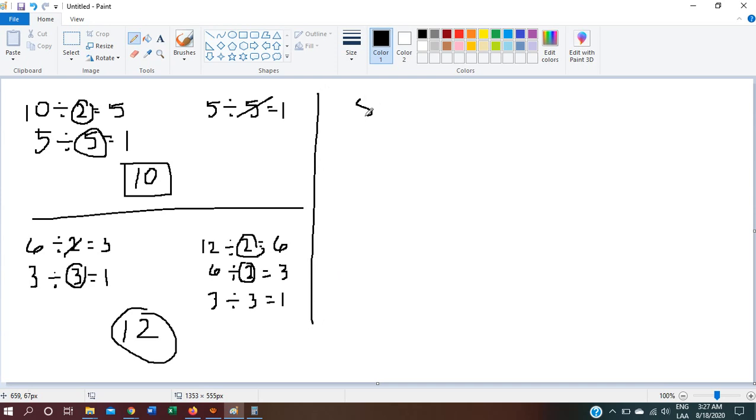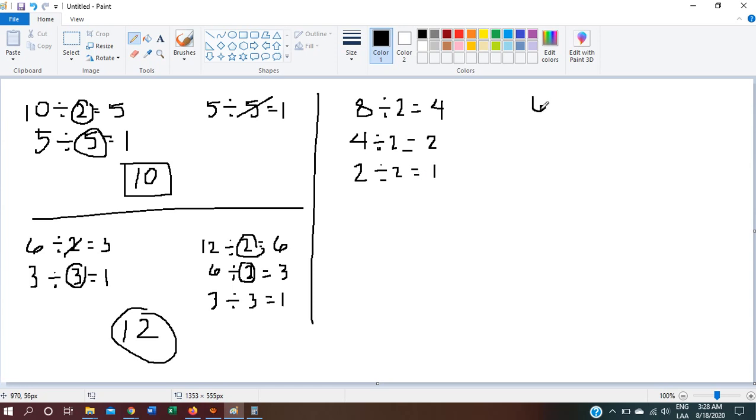So it is 8 and 6, right? So 8 divided by 2 equals 4. Now 4 divided by 2 equals 2, and 2 divided by 2 equals 1.